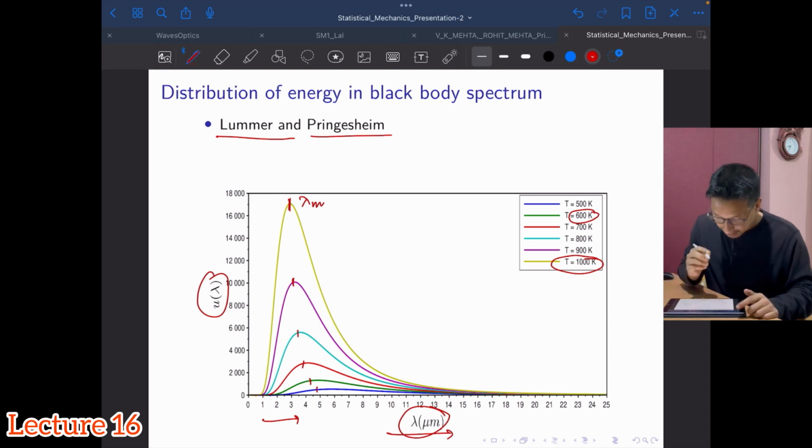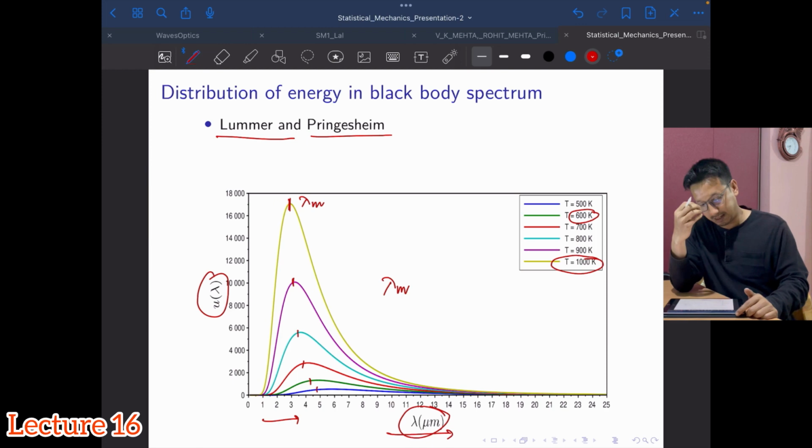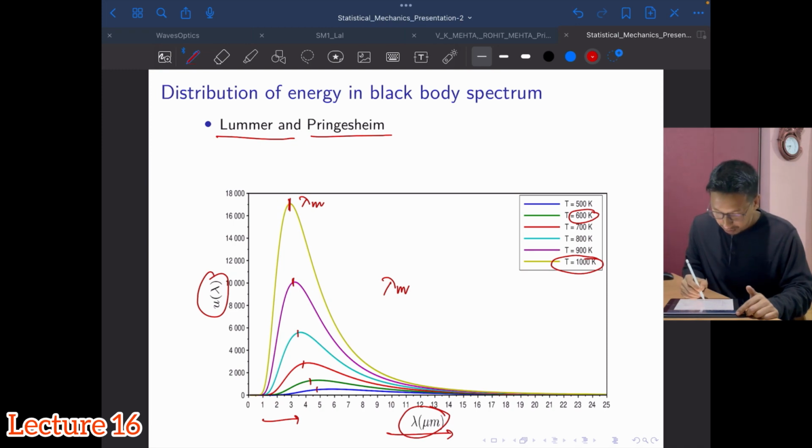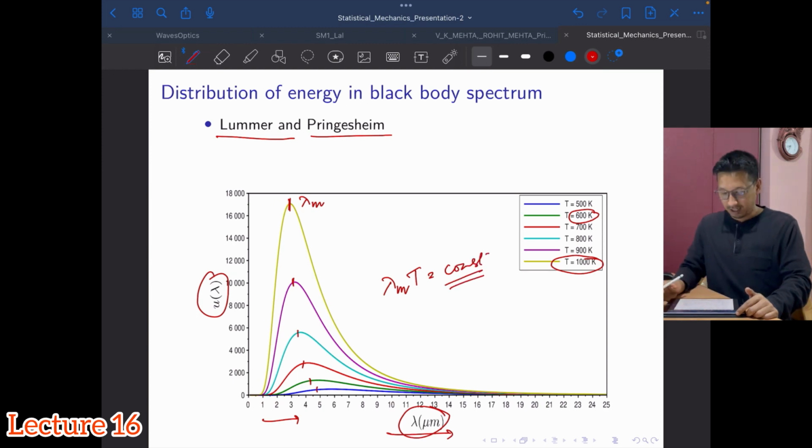And very interestingly, this lambda m, the wavelength for which the energy release is maximum, multiplied by temperature T, is constant. This is another law that we will talk about in the next video.